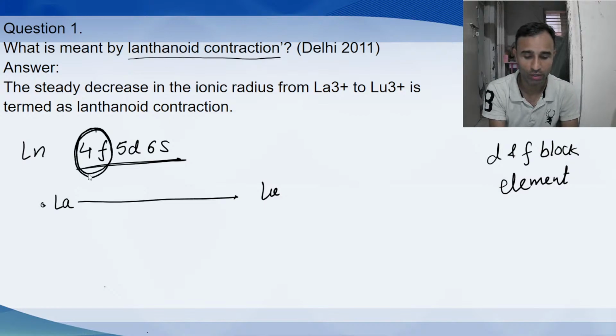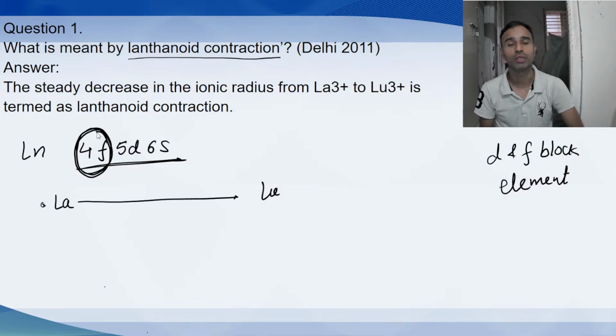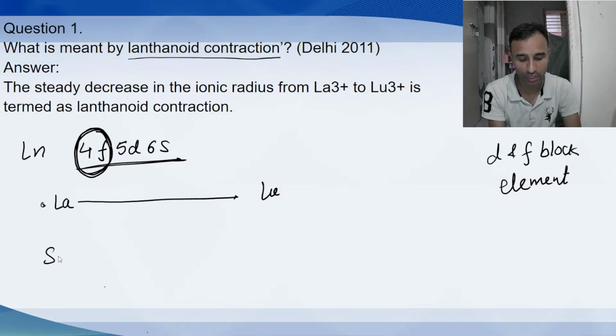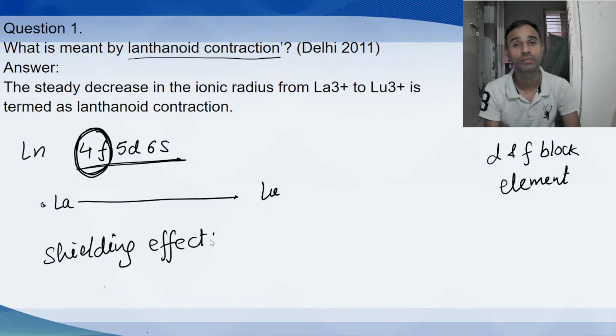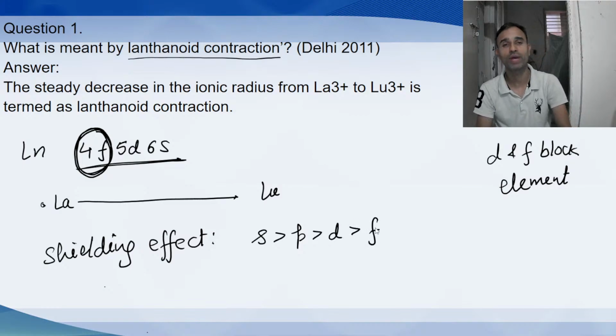And the shielding of F, what is the order of shielding effect? Maximum shielding is shown by S, then P, then D, and then F. So shielding of F is minimum.